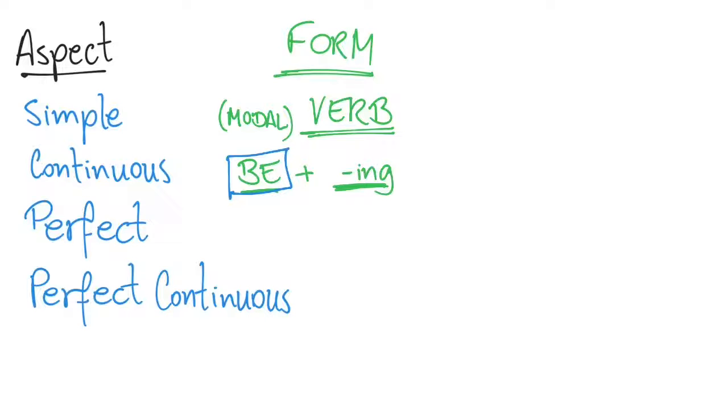Now this idea of your auxiliary verb telling you about the tense is present in the perfect and also in the perfect continuous. So in the perfect forms, what do we have here? It's have as the auxiliary verb plus the past participle of your main verb, right? Have plus past participle of the main verb.